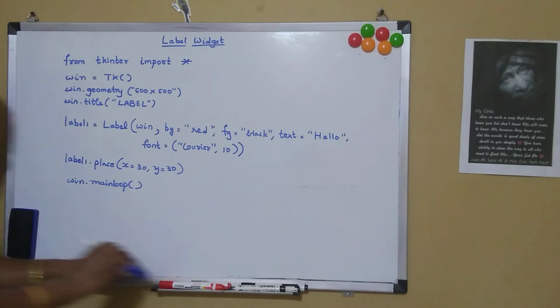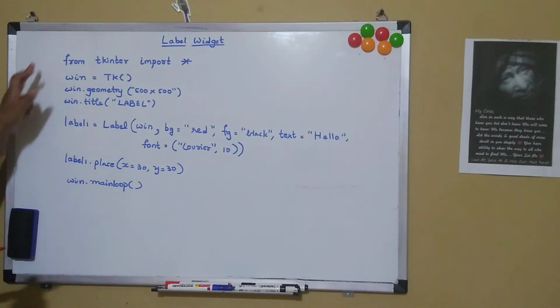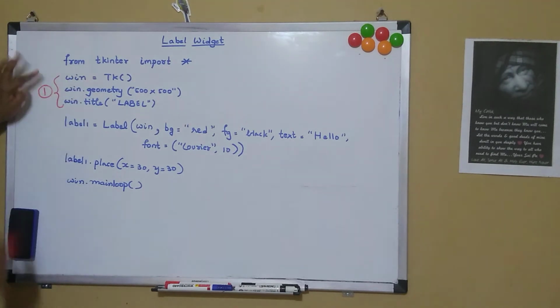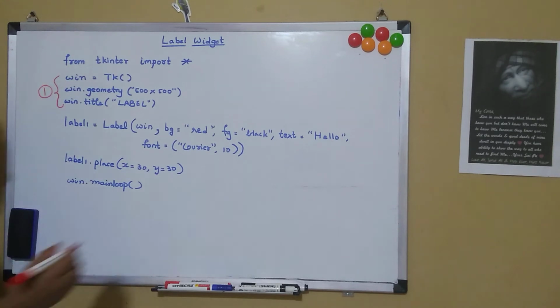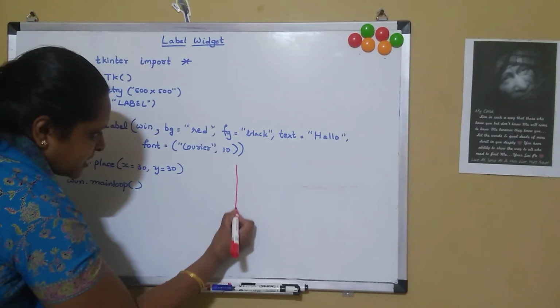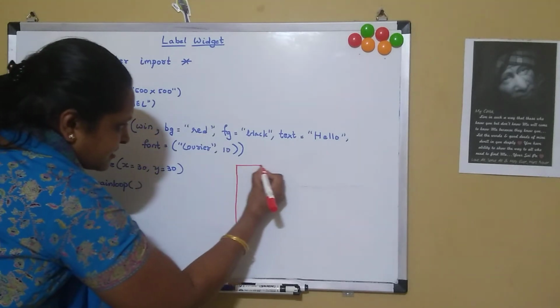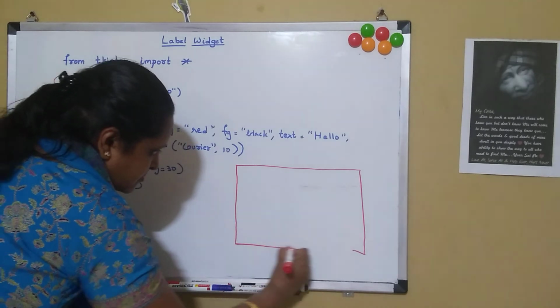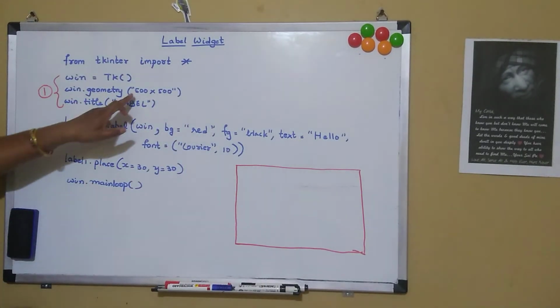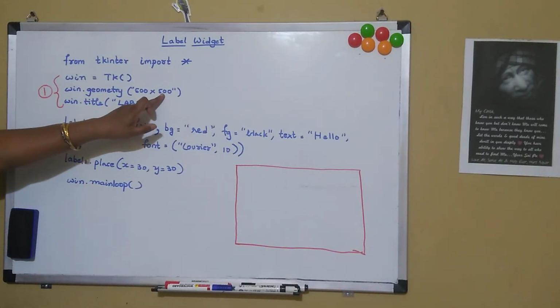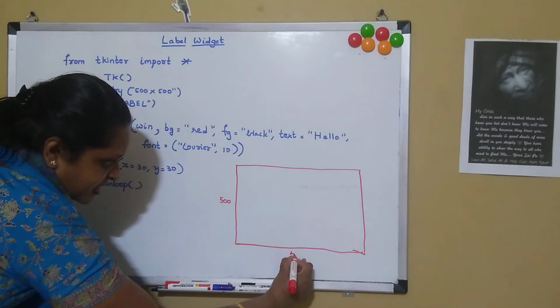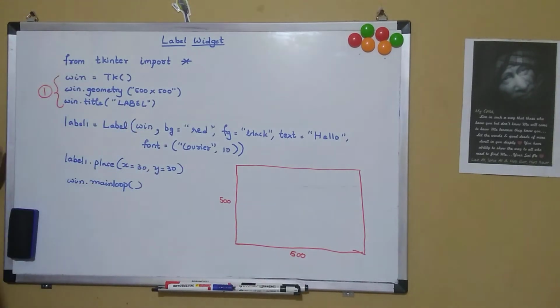So friends, from Tkinter import all, then my first step is to create a Tkinter screen, which is equal to win. It will create a Tkinter screen which has width 500 and height 500 pixels.